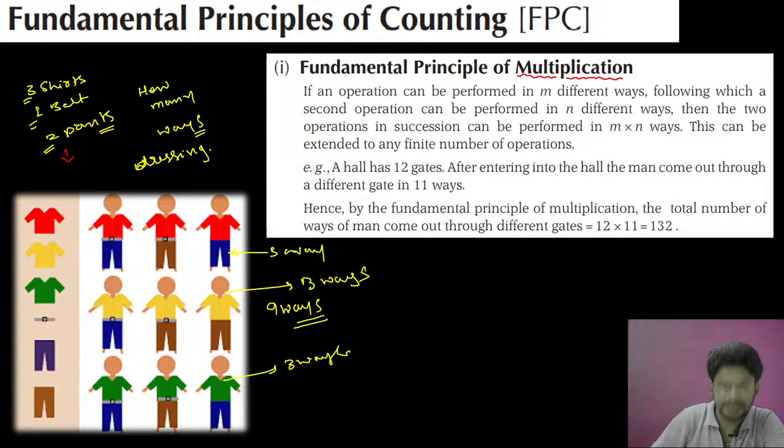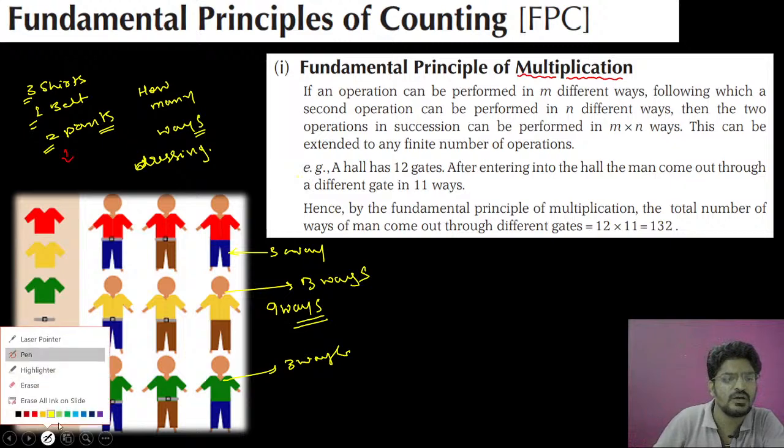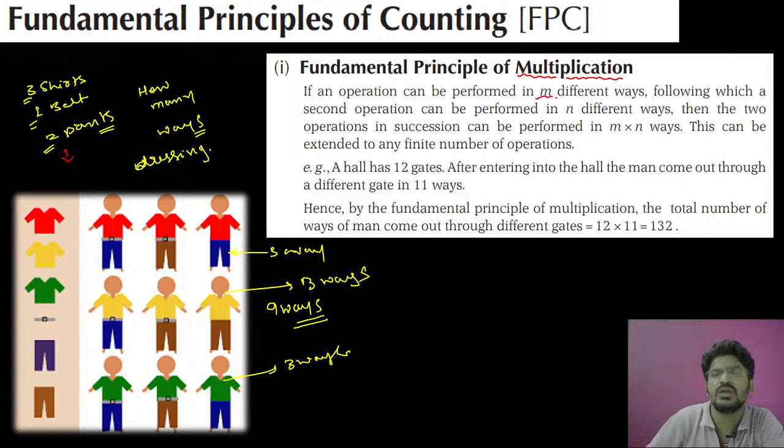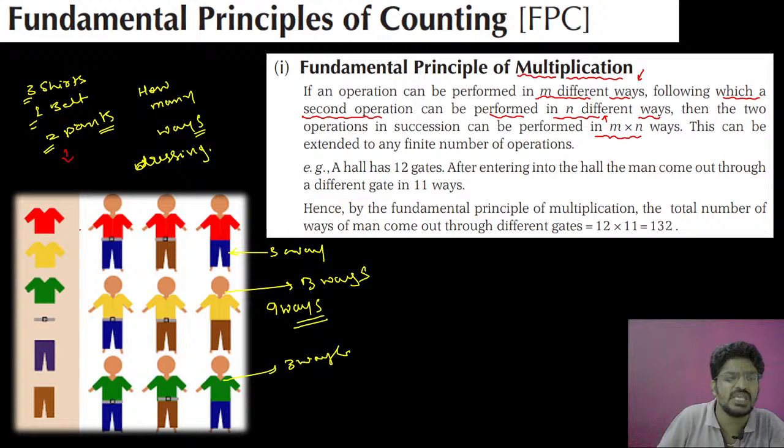If an operation can be performed in m different ways, following which a second operation can be performed in n different ways, then the two operations in succession can be performed in m into n ways.